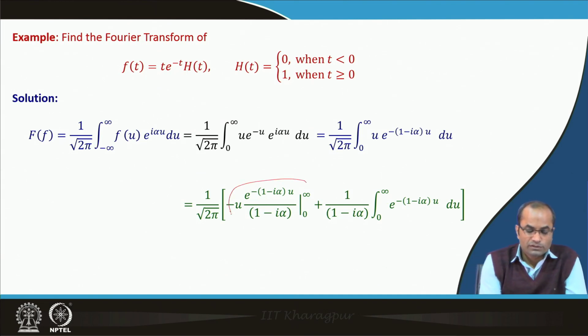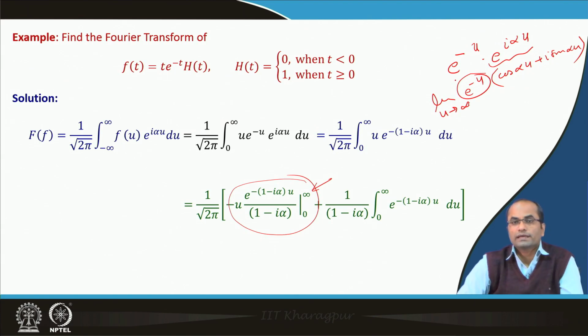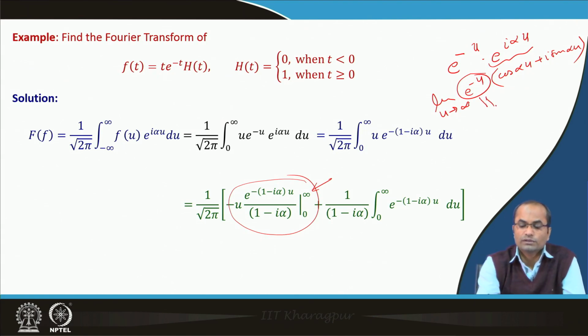Coming back to this first one, when we have this infinity. Again we have u and then e^(i alpha u). The same situation, this is cos alpha u plus i sin alpha u, together with e^(-u), and if we take the limit as u approaches infinity, since it is e^(-u), the negative exponential will go to 0, and this is something bounded sitting here.